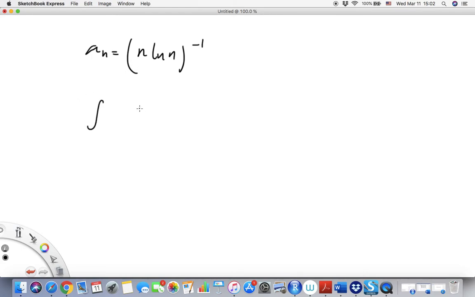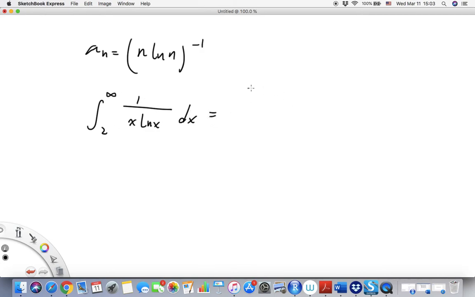We consider the integral of 1 over x log x dx, as x goes from 2 to infinity. We cannot start x from 1 to infinity because log of 1 is equal to 0. We are dividing by 0. That's not good.